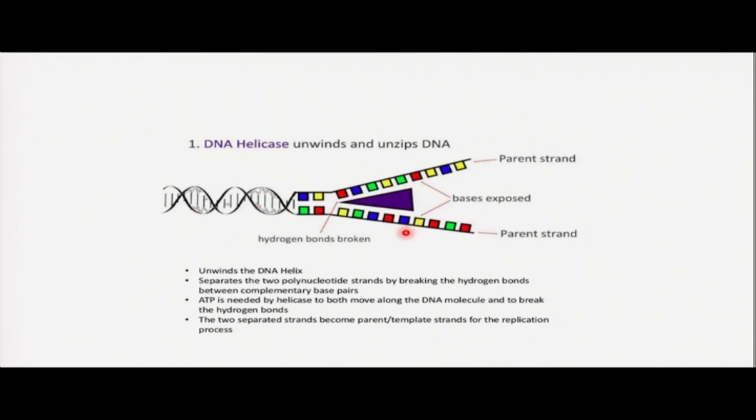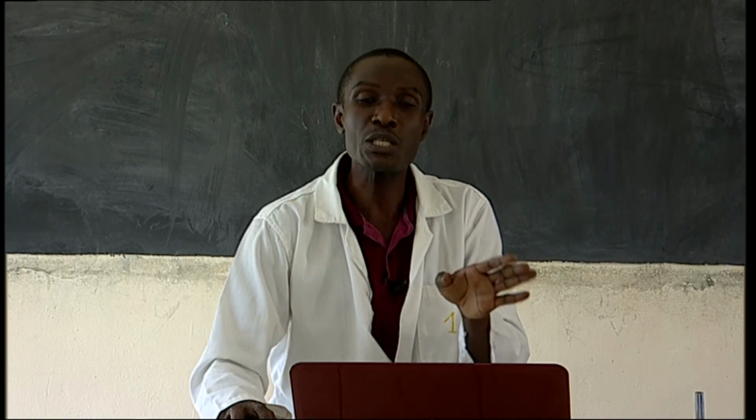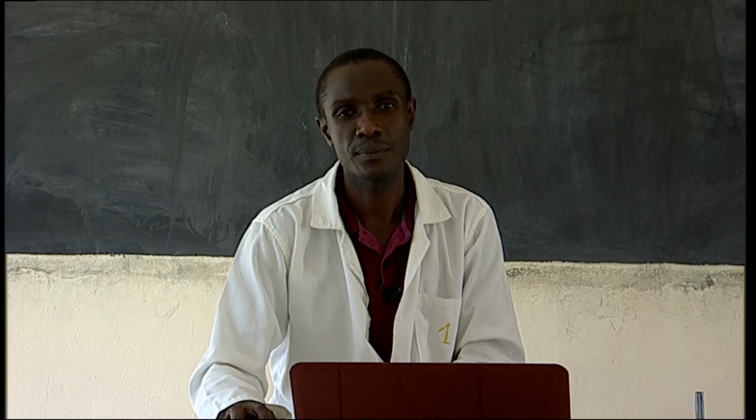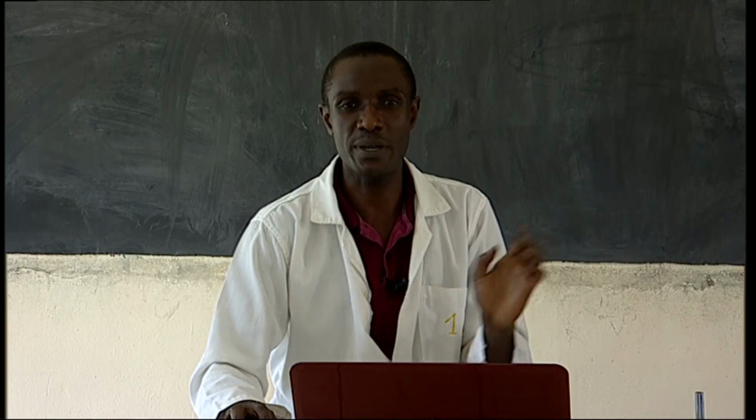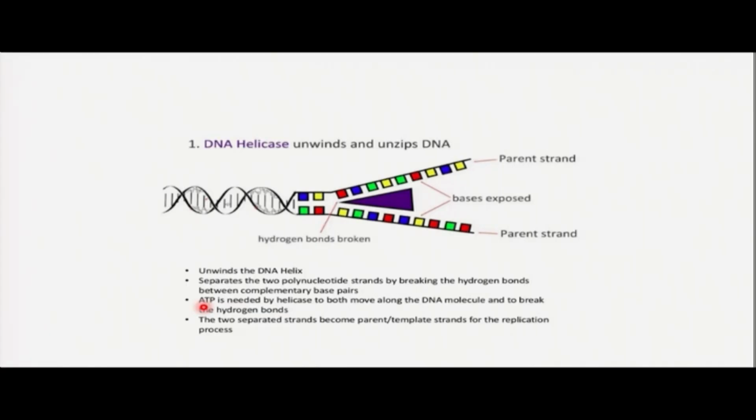Think about it. Once the opening is over, the strands are separate. We need the energy. The bases that have been complementary have been separated. Once we've extracted the information, do we close the gap again?